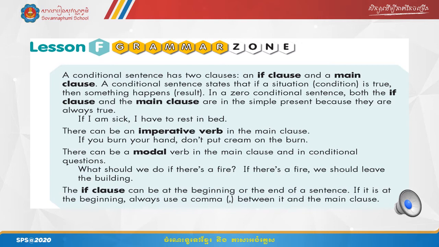And facts are always stated in the simple present tense. So with a zero conditional sentence, both the if clause and the main clause are true, and since they are true, it means they are facts, and we use simple present tense.